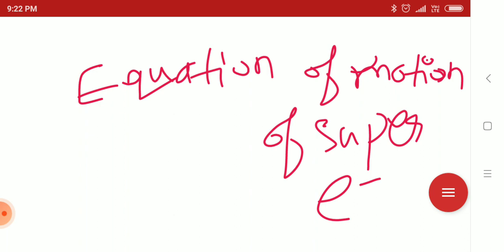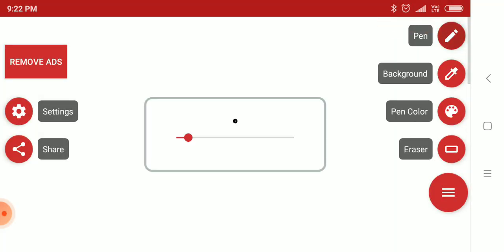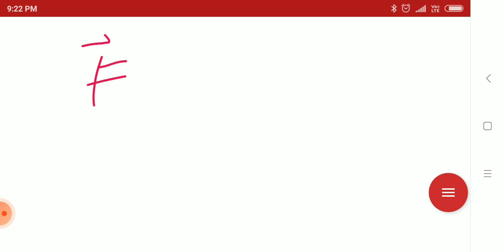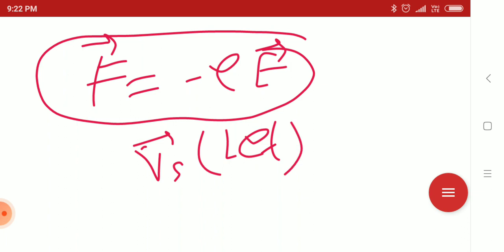What should that be? In the case of a normal electron, we know that whenever a force exists in the field, the force is F equals minus e times E vector. But in the case of a super electron, let us assume that Vs is the velocity of the super electron.